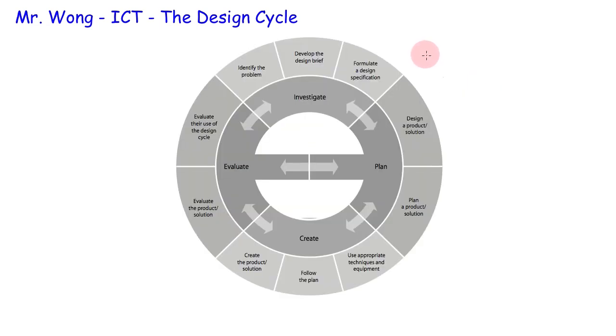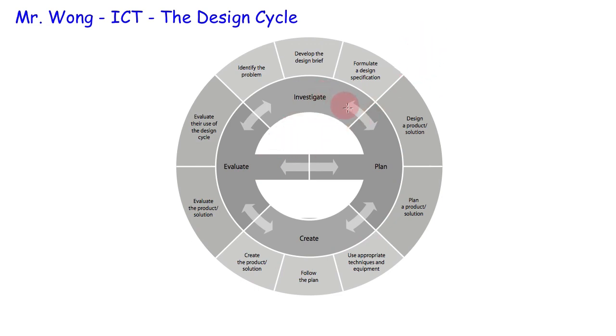And last but not least, this was the one for IB. The main phases are investigate, plan, create, and evaluate. And there are sub-phases as well. You want to get used to doing all these phases.